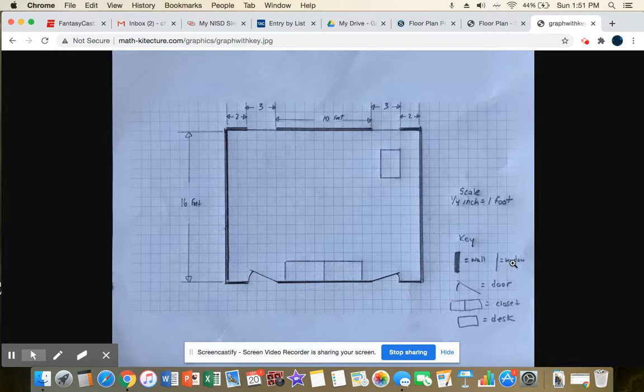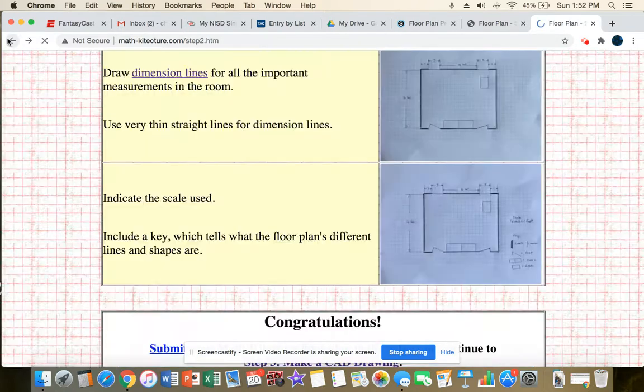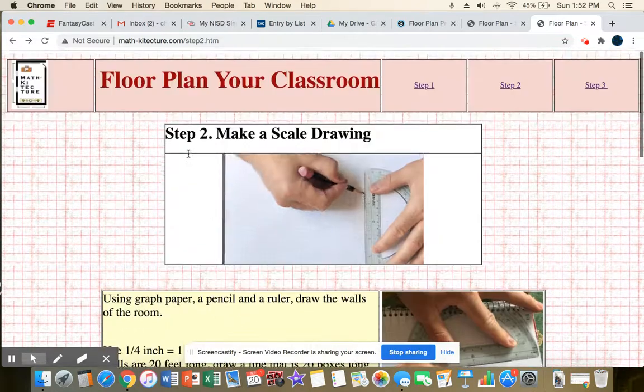Skinny lines equals windows. This swinging line equals a door. This shape equals a closet, and this shape equals a desk. Okay, you need to have a key for your room. Do we understand? All right, understand what a key is and what the scale is of your project. And that's it for step number 2.